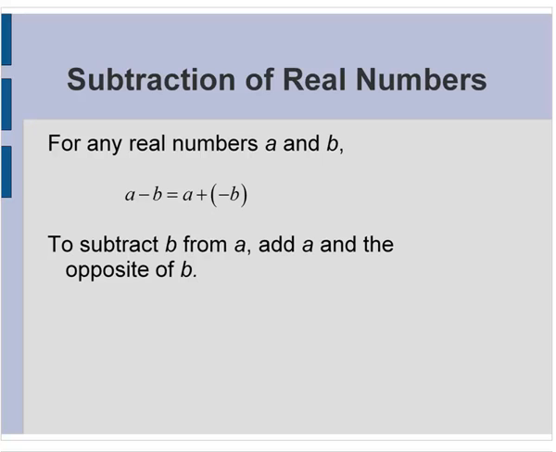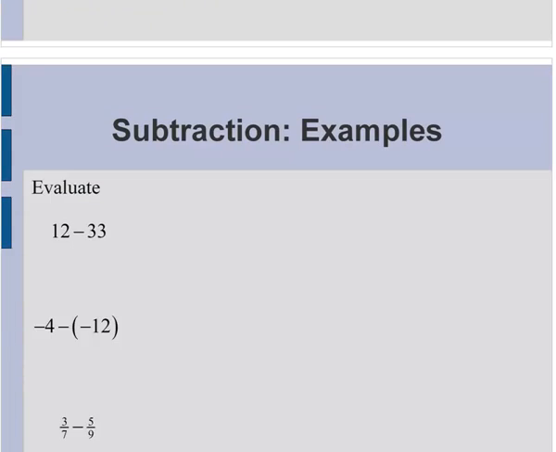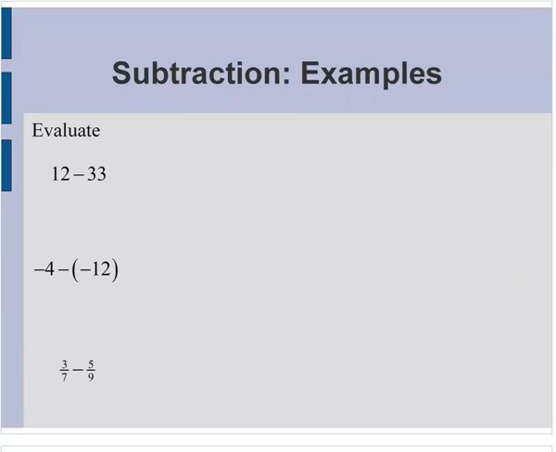So when we're dealing with real numbers, we don't generally think about subtraction. Instead, we think of addition of the opposite. For example, if we had 12 subtract 33, we instead think of this as 12 add the opposite of 33, or 12 add negative 33.